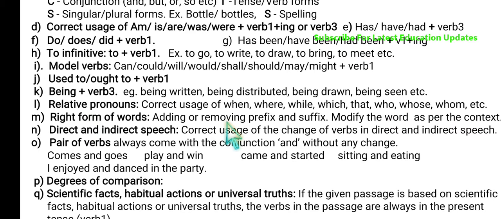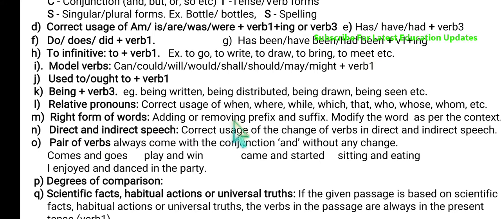We also have these relative pronouns in our general grammar discussion, section B. Use of relative pronouns such as when for time, where for place reference, while for ongoing actions in the past, which for things, that refers to both things and persons, who refers to persons, whose for possession, and whom. All these things should be kept in mind while editing the passage.